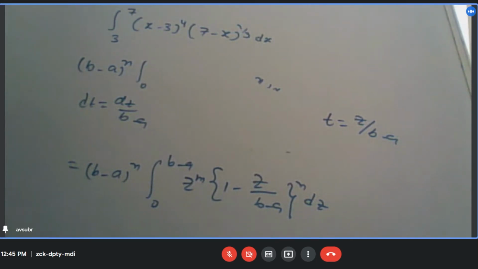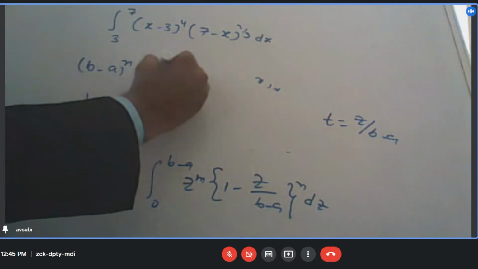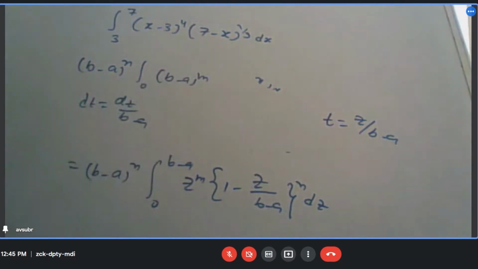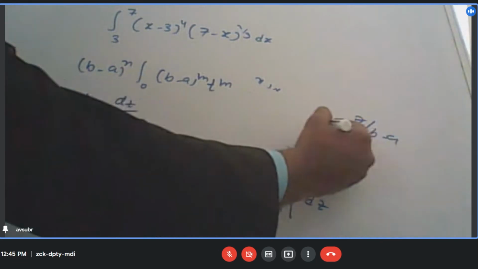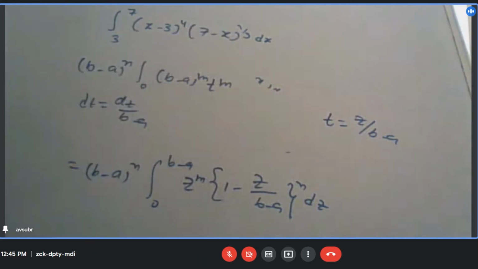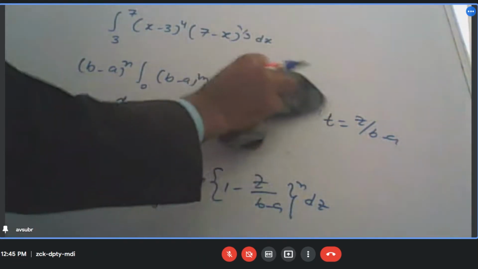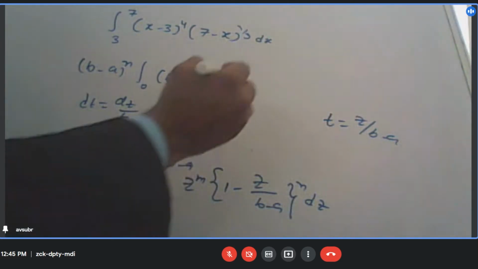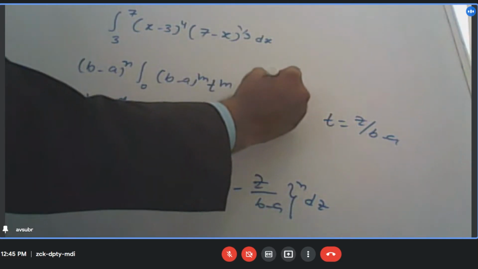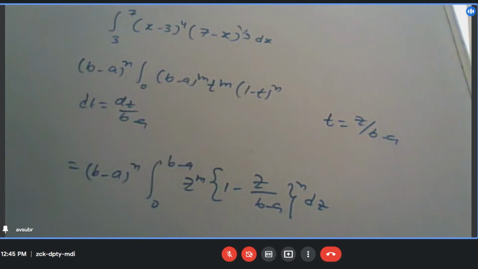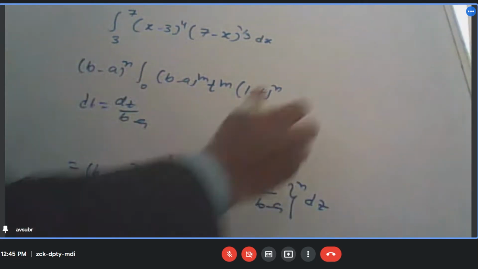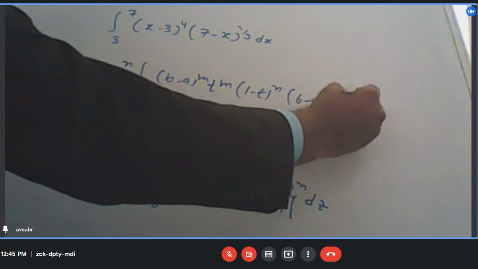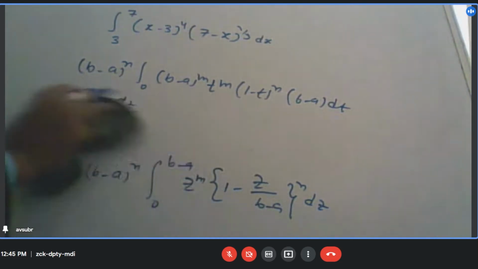तो अब बस पुट करते हैं वैल्यूज, तो (b minus a) to the power m into t to the power m, z is equal to b minus a into t, तो इसका to the power m है ना, into (1 minus t) to the power n. Is it okay? Into b minus a into dt. Can I write down it like this?